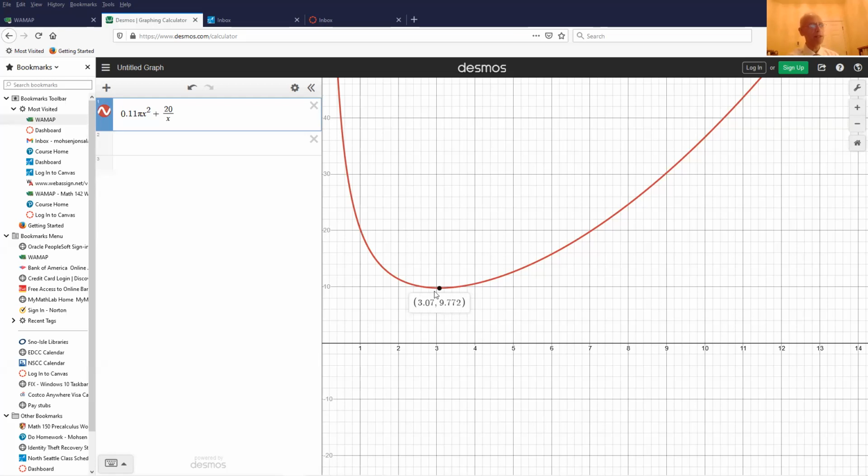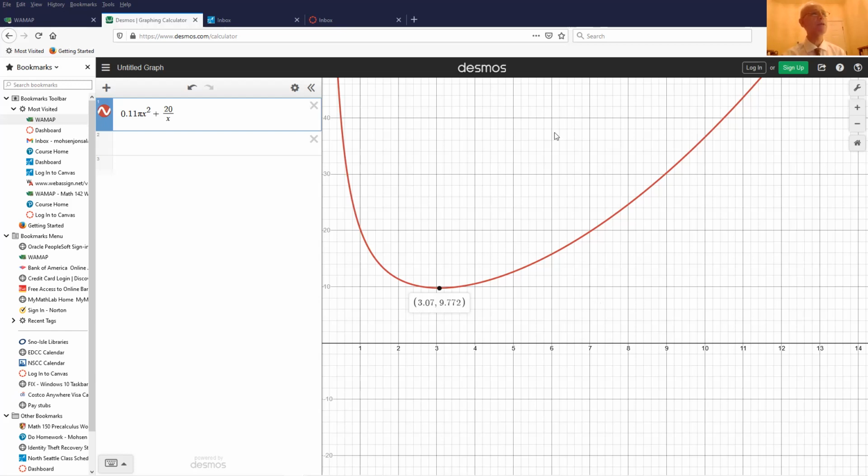And notice right here, I do have the vertex in here, or I shouldn't say vertex, I should say local minimum right here at 3.07. Once again, I set my window such that I'm only looking from 0 and a little bit to the right, because I know that both values of radius and height are positive.